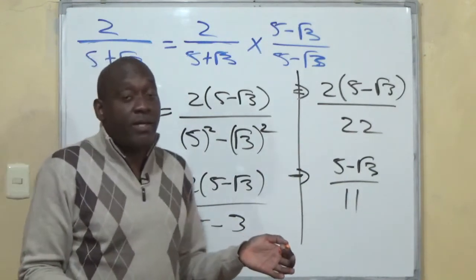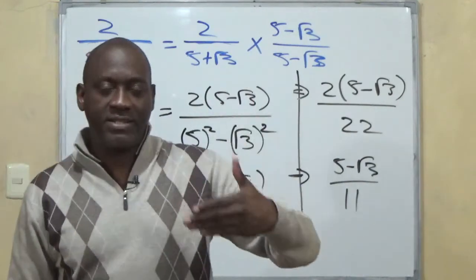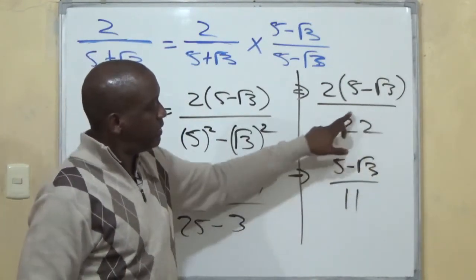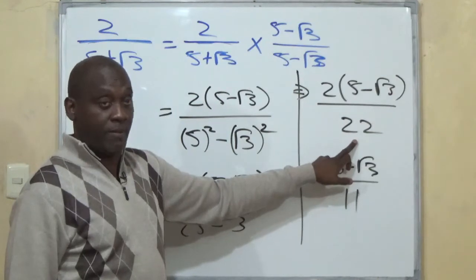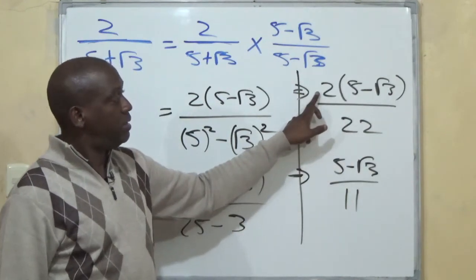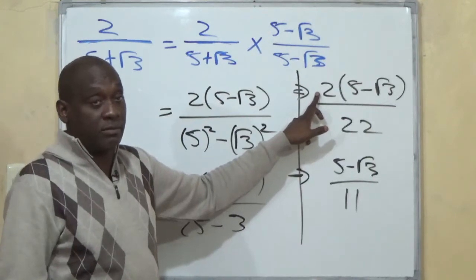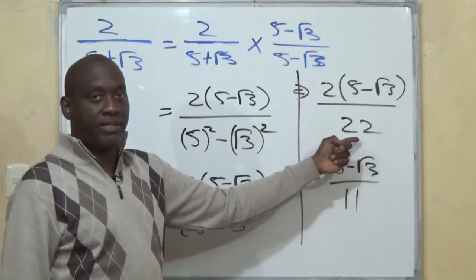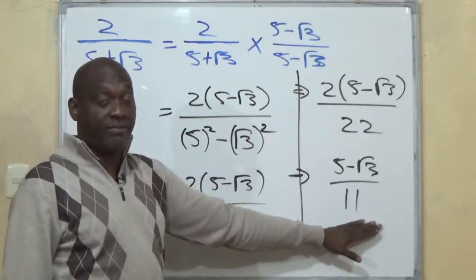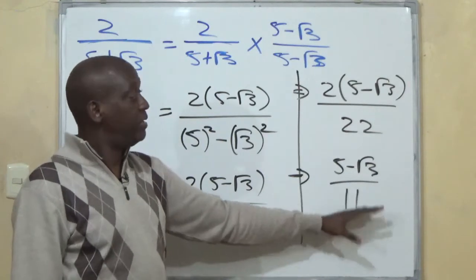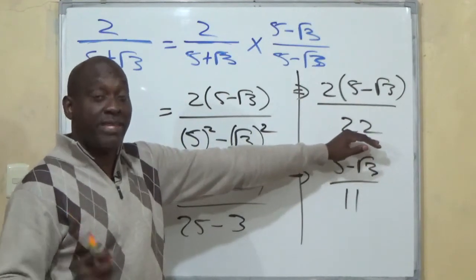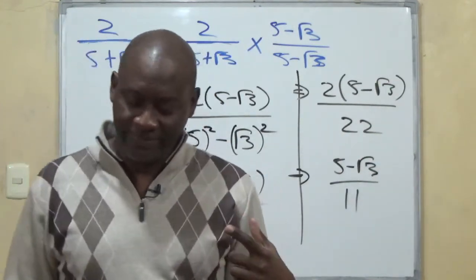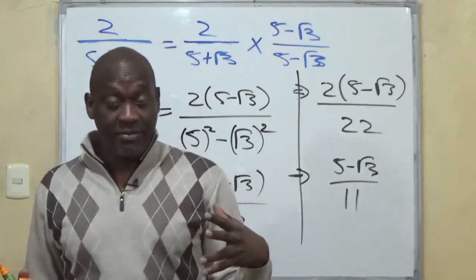Because there are times when, in the course of your rationalization process, you might actually get a denominator that is a multiple or a factor of the number that you have here, in which case some kind of cancellation could take place and leave you with an even simpler fraction than you would have come out of the rationalization process with. Let me say that over. When you're using all these fancy words, you have to be careful, you have to take your time.